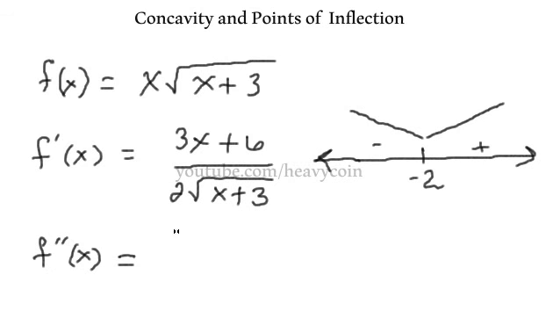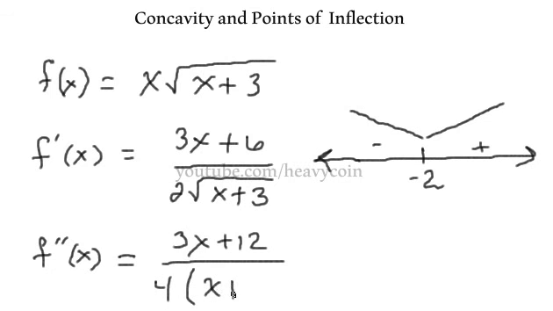But anyway, we have 3x plus 12, and so the second derivative test fails, and we have to go back to the first derivative to determine the concavity of the graph. And that is x plus 3 raised to the 3 halves.